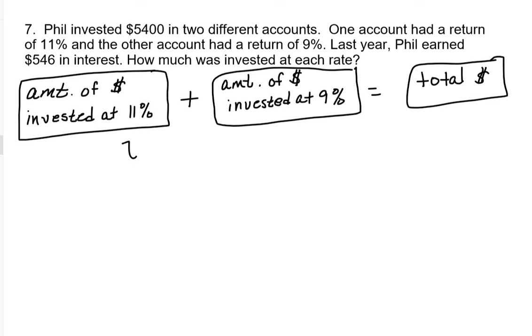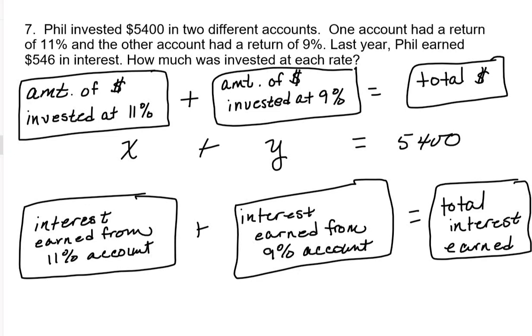I'm going to let X be the amount of money invested at 11%. Y is going to be the amount of money invested at 9%, and I know that all total there's $5,400. Now my second equation is going to be based on the amount of interest that I'm earning from each account.